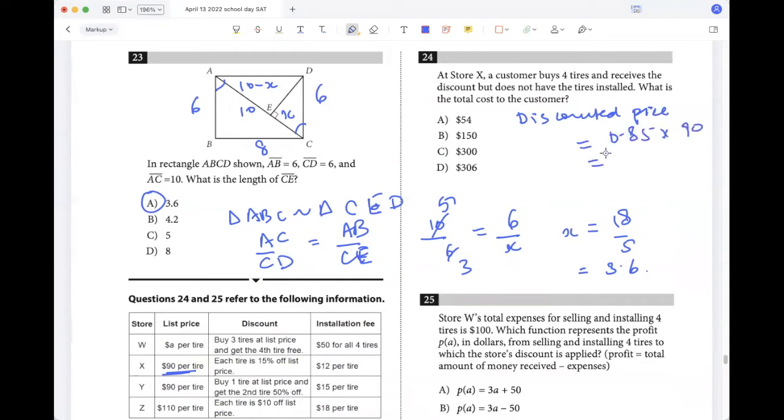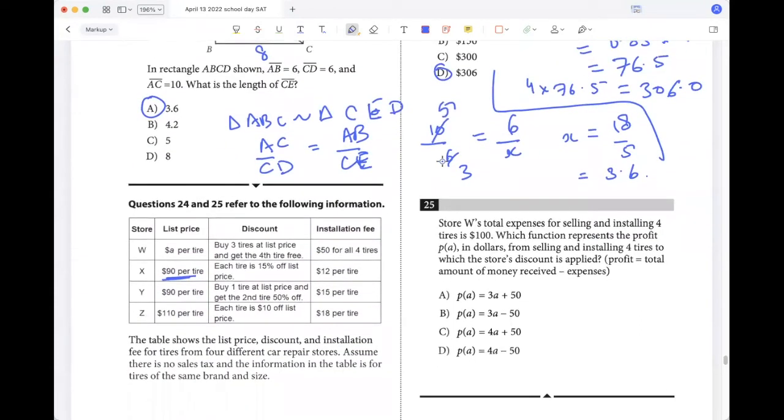So let's plug that in. 0.85 into 90. So that's 76.5, right? 76.5. So this is the amount that he pays for 1 tire. So for 4 tires, it would be 4 times 76.5, which is 0, carry 2, carry 2. So that will be 306. Okay.